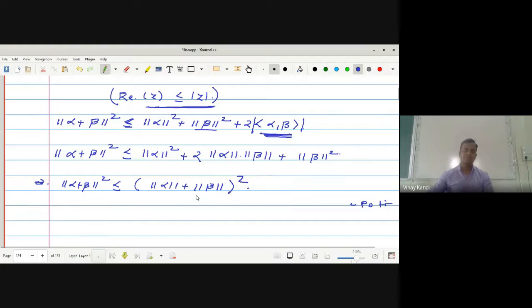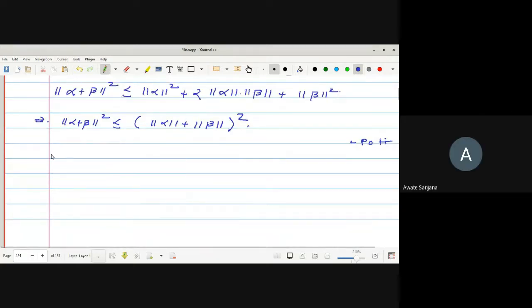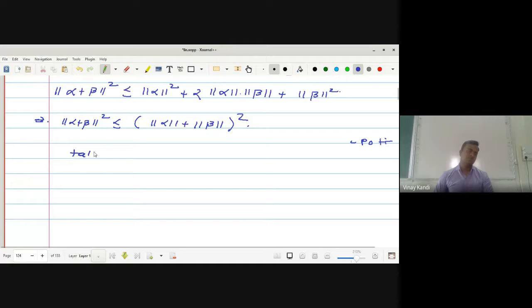Is it correct? Yes, sir. Now, taking square root on both sides, we get norm of alpha plus beta is less than or equal to norm of alpha plus norm of beta. This is the triangle inequality.